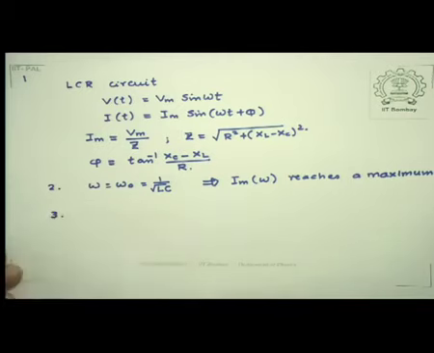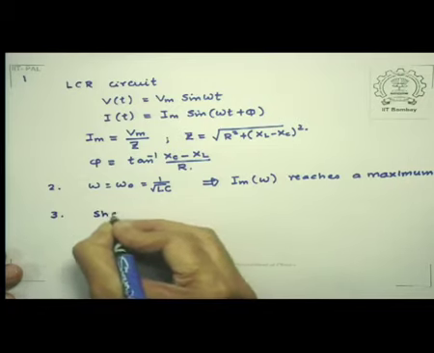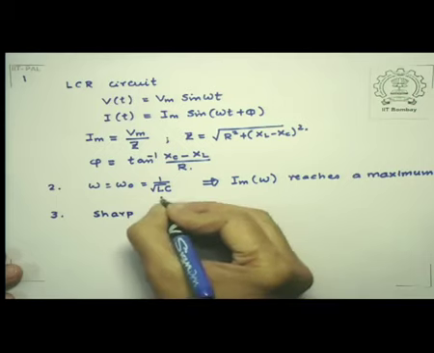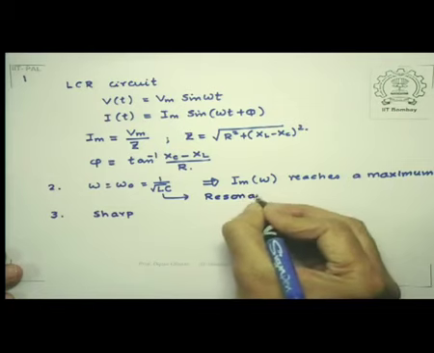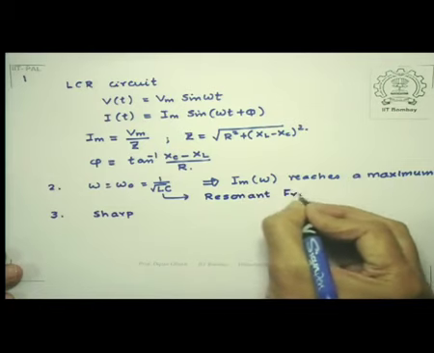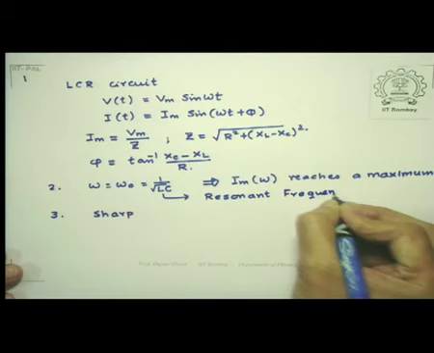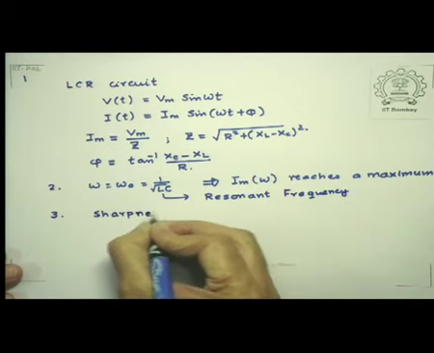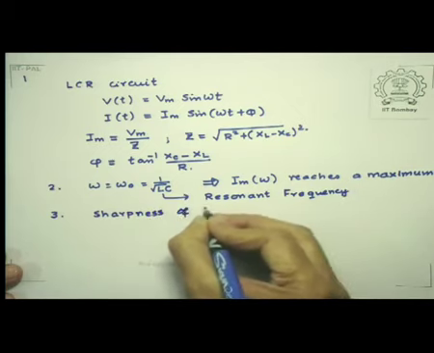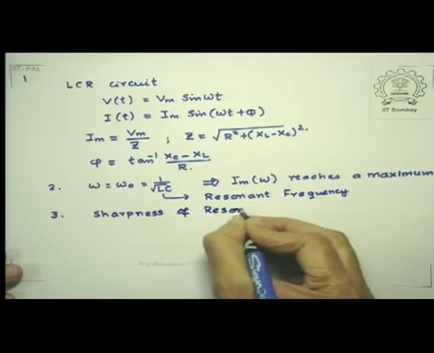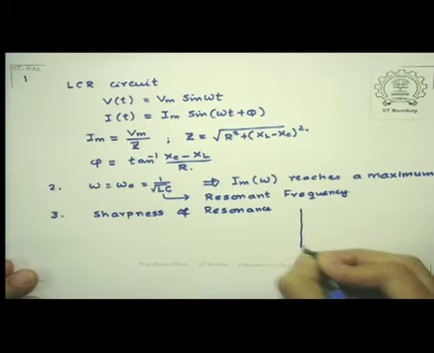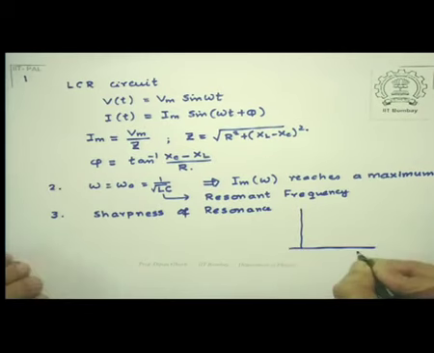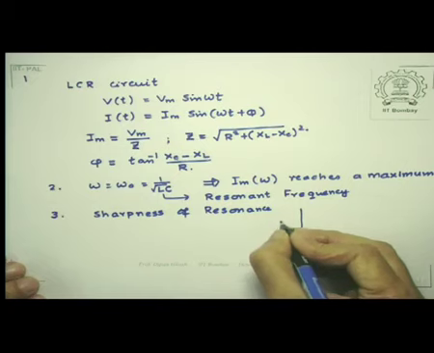Having done that, we discussed what is known as the sharpness of resonance. So this was resonant frequency. Sharpness of resonance. So this is done by looking at the current versus the angular frequency curve.